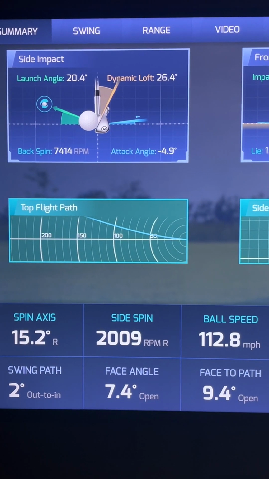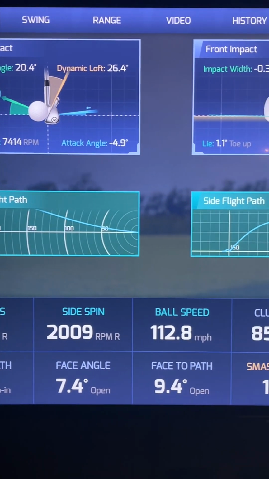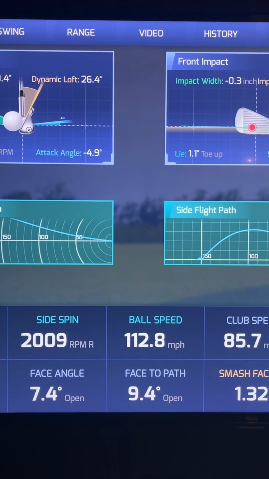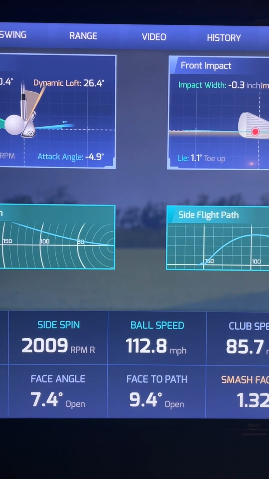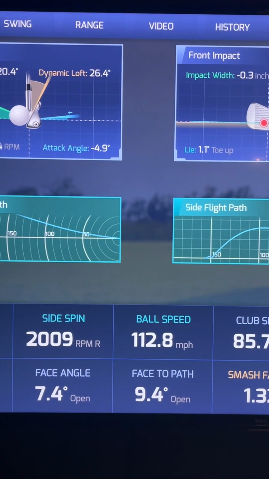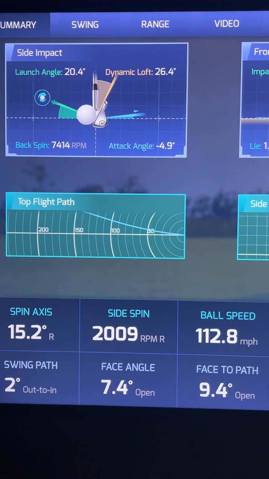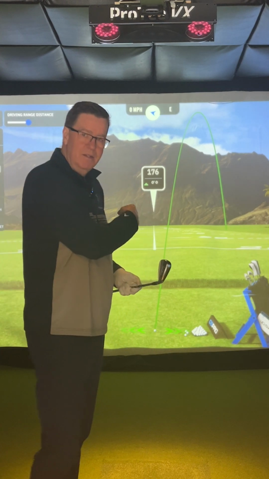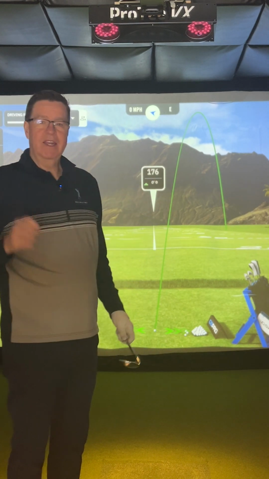Ball curves to the right because of that. And now my face to path is 9.4 open. So my face is 9.4 open more than the swing path. That's not a fade.